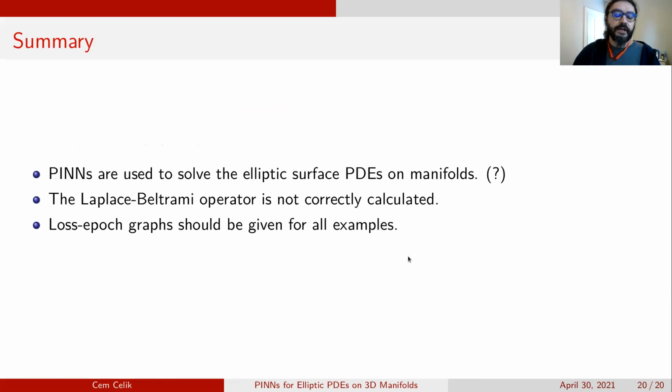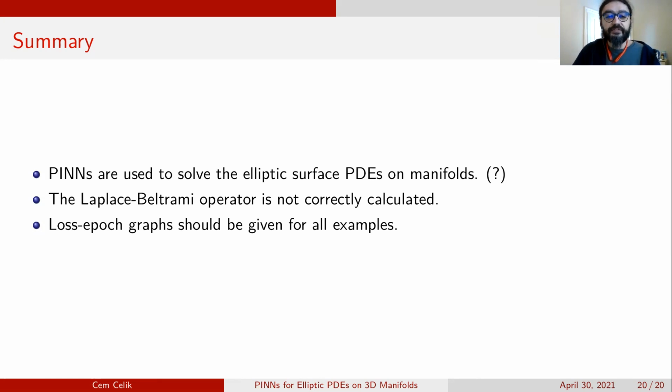As a summary, they claim they use PINNs as a first attempt at surface PDEs on manifolds, which we don't know because they didn't give a lot of information about this. They just put some graphs of some errors. They should give more loss graphs or other things to convince the readers or reviewers.